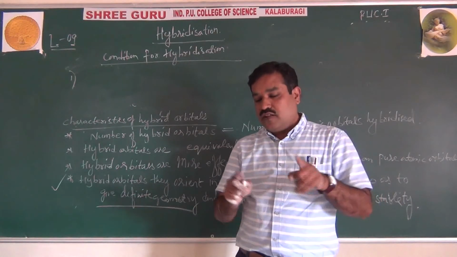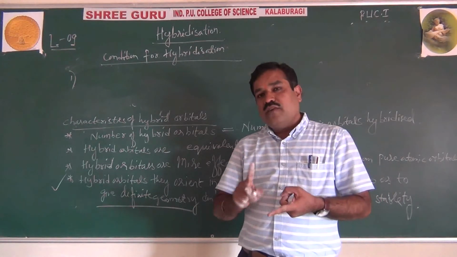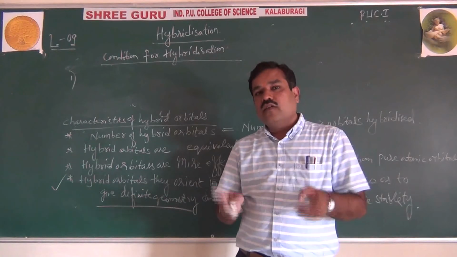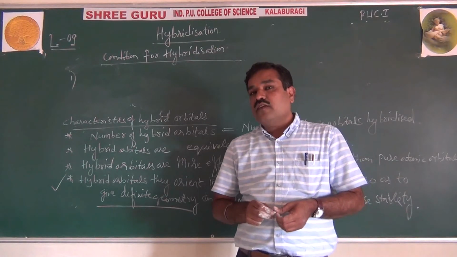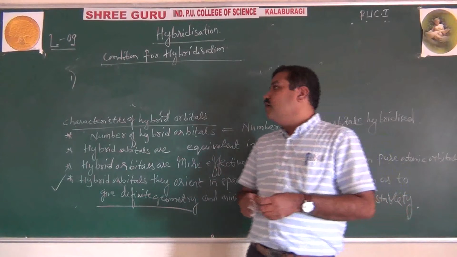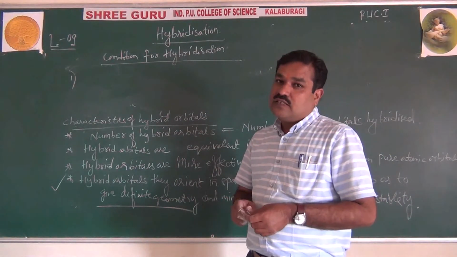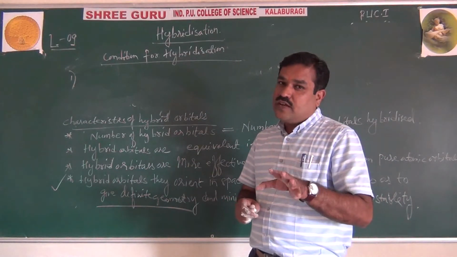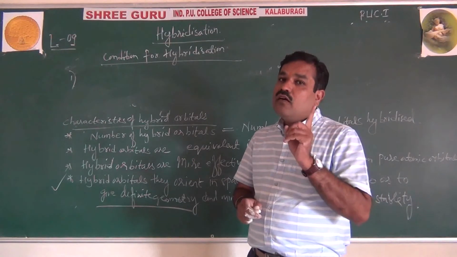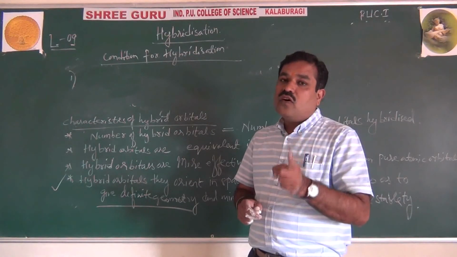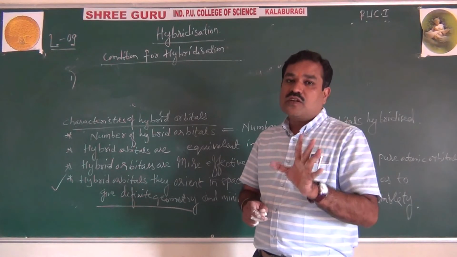The empty orbitals are overlapped by ligands. And what I told you another one, that is especially even completely filled orbitals, completely filled orbitals by lone pairs and empty orbitals by ligand. They will form coordination compounds.